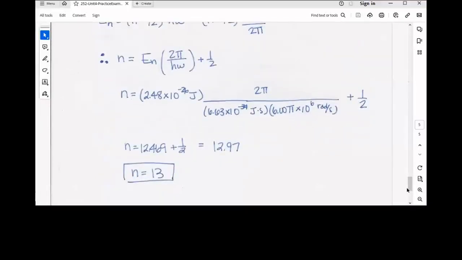So I can plug in those energies. I chose to use joules in this scenario. So I chose 2.48 times 10 to the negative 26 joules. And as a result, I needed to use 6.63 times 10 to the negative 34 joule seconds. Regardless, you end up with 12.469 added to 1/2. When you do that, you get 12.97, which is approximately 13.